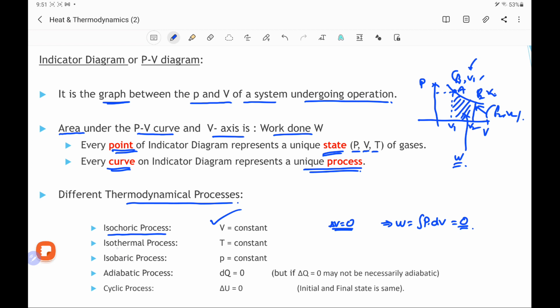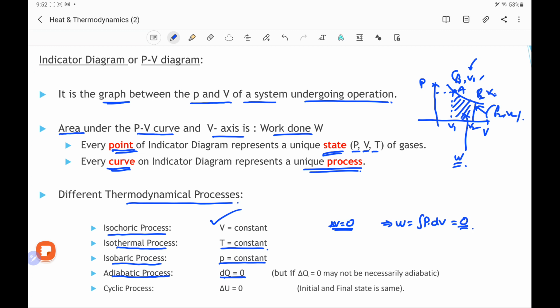Similarly, another process is isothermal process. In this, temperature remains constant. In isobaric process, pressure remains constant. In adiabatic process, the process is taken so fast that there is no exchange of heat, and we say delta Q equal to 0 for the adiabatic process.